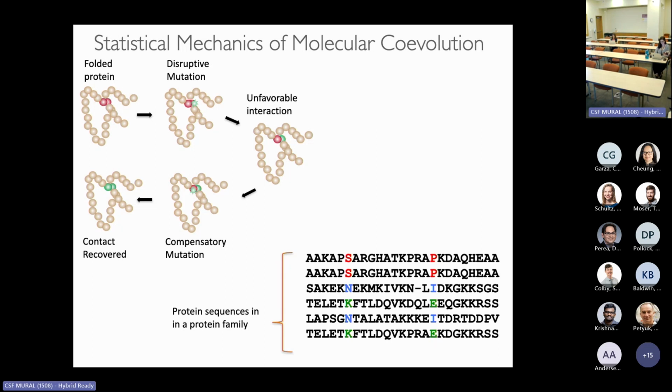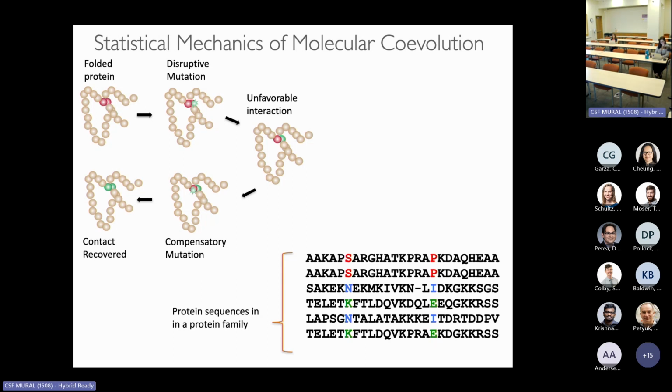So let's first consider the idea of having a folded protein. As you know, proteins are polypeptide chains. They fold in 3D structures, right? But they're also under evolutionary pressures, right? So proteins and host organisms actually have a propensity to mutate and change.